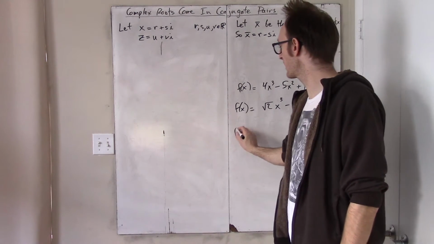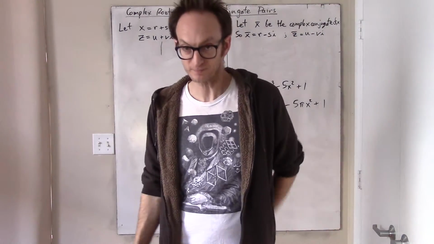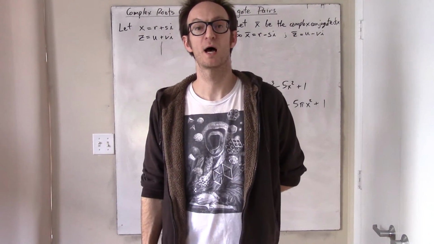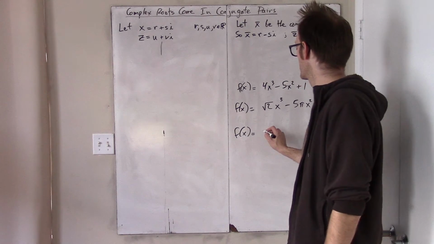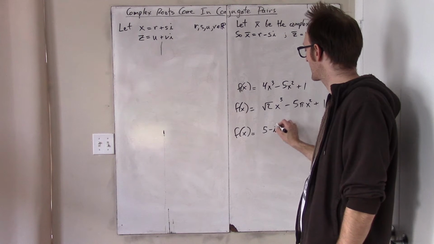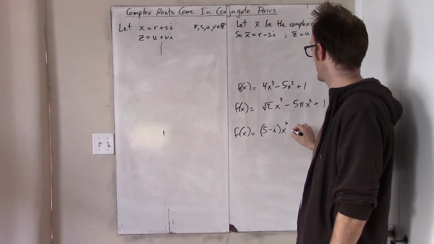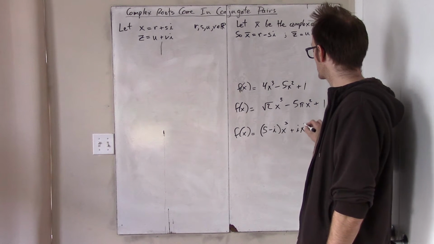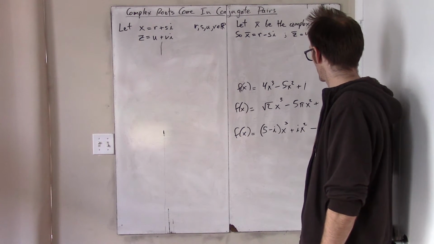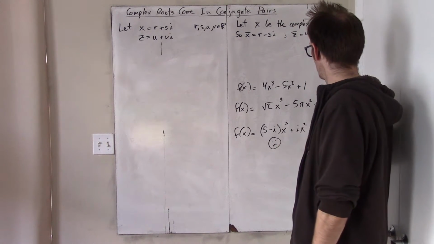But what I don't ever want to talk about in this class, ever again, are polynomials whose coefficients are imaginary, such as 5 minus i might be the coefficient of x cubed, plus i x squared, minus 3 or something. Okay, so I really hate this. I don't even really like this very much.